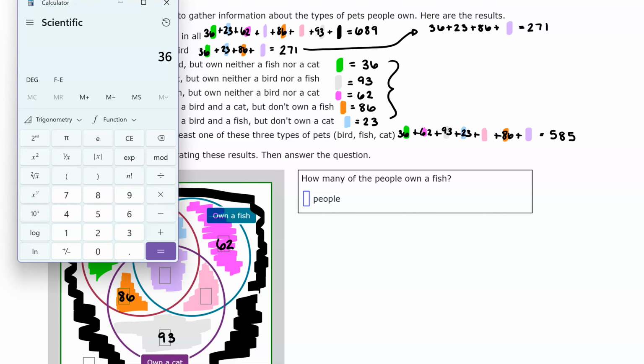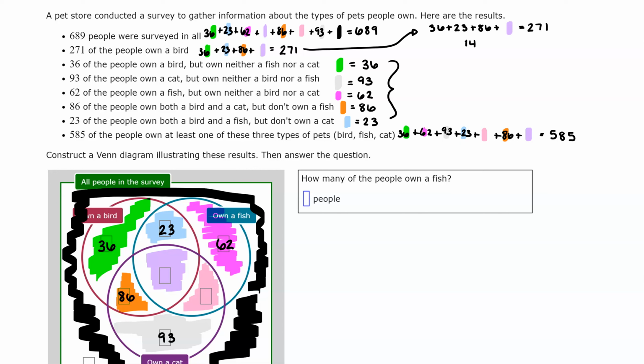That makes 145. So I know 145 plus purple has to equal 271. And to get purple alone, I'm going to subtract 145 on both sides.